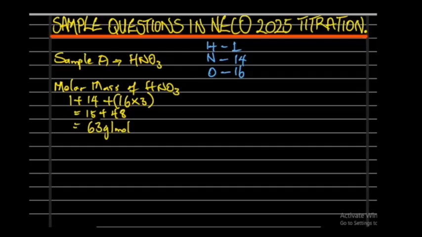And then for our sample B, we'll be having sodium trioxocarbonate.